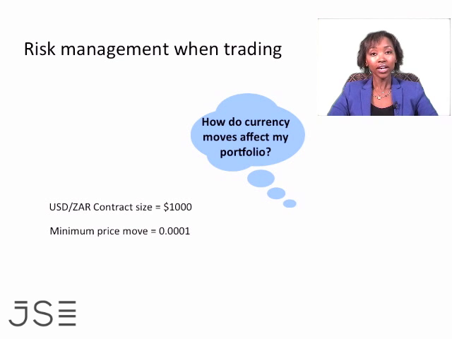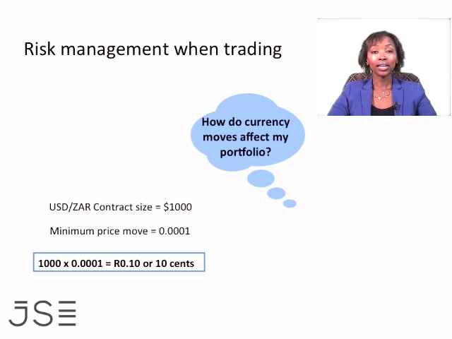So if you want to find out the minimum rand movement that could happen on your portfolio, you take that $1,000 times the 1 pip, and that gives you 10 South African cents. So for every 1 pip move in the dollar-rand exchange rate, whether in your favor or out of your favor, your portfolio is affected by 10 cents.